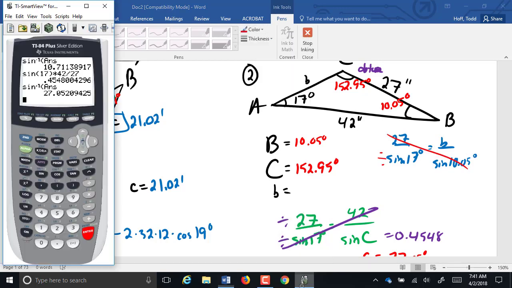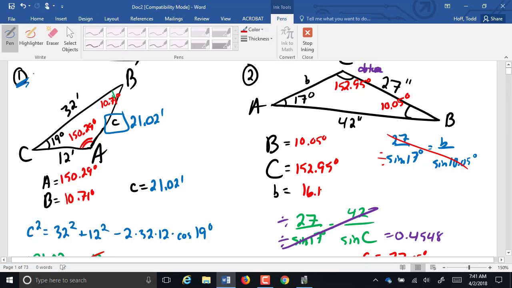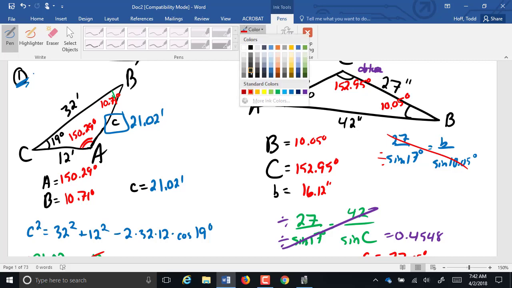Cross multiply and divide. So 27 times sine of 10.05 divided by sine of 17. 16.12 inches. Anybody have both of those all correct? Any questions on them?